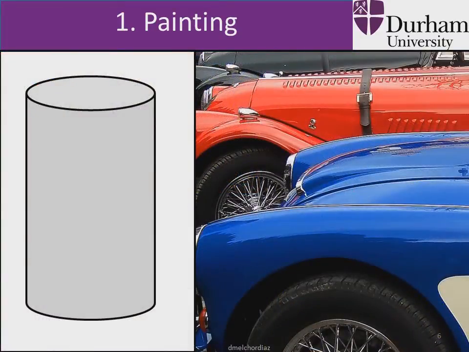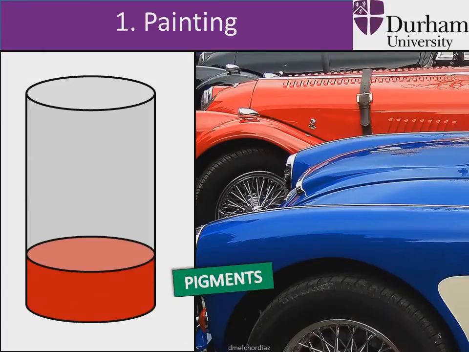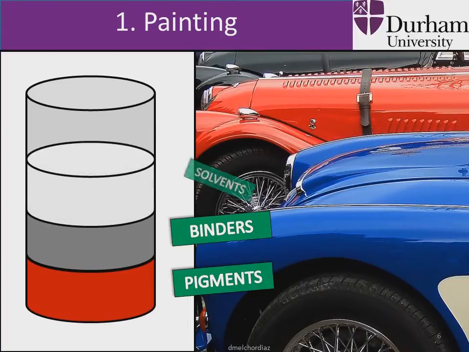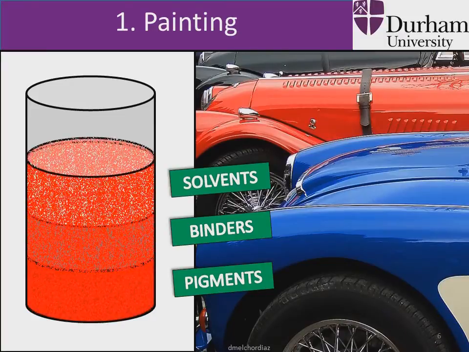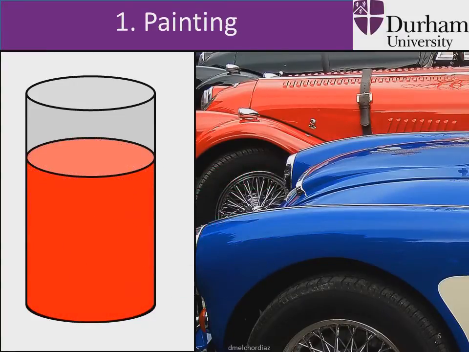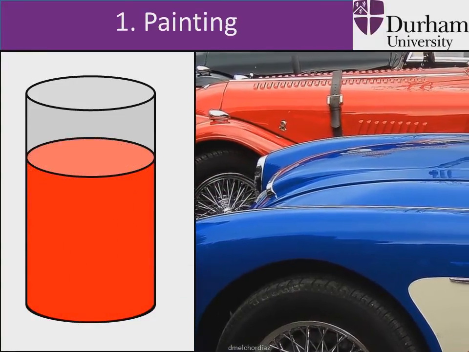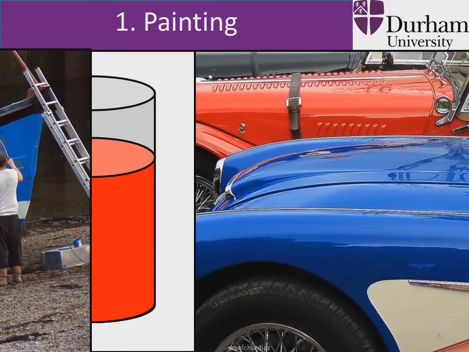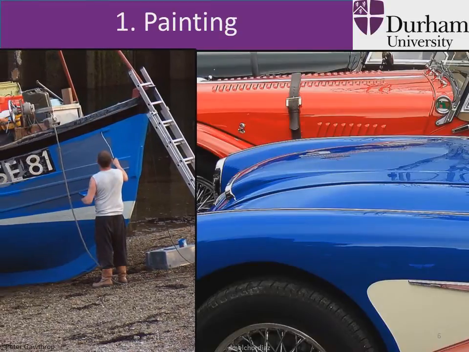Paint is made of pigments for the colour, binders for mechanical and chemical properties such as drying rates, and solvents to disperse the components. Painting provides coatings to surfaces which are decorative and scratch, corrosion, and damage resistant.